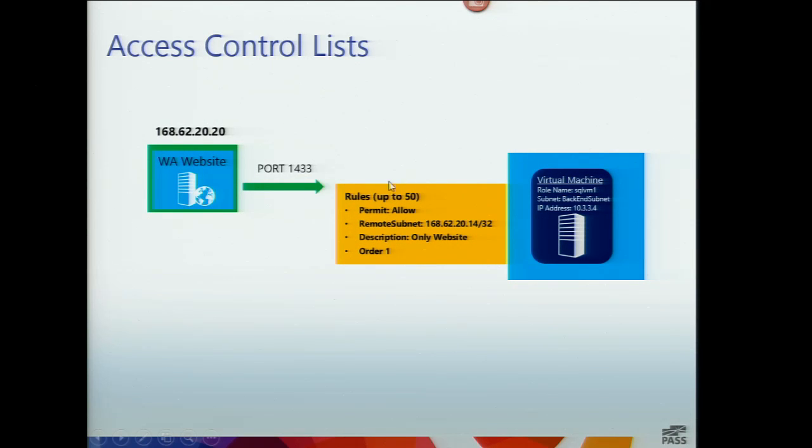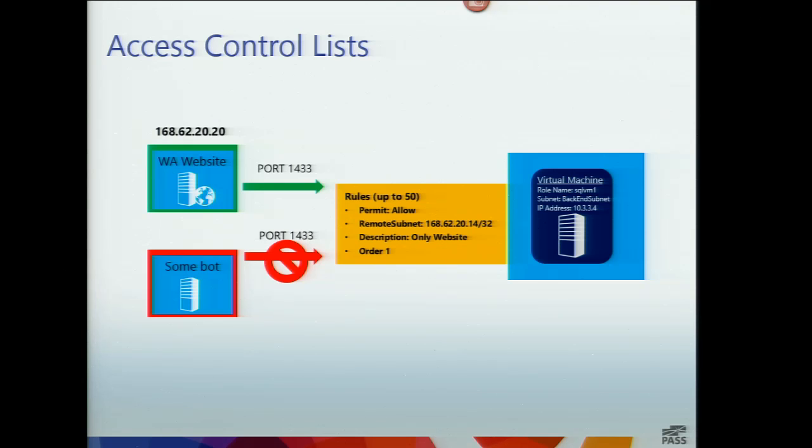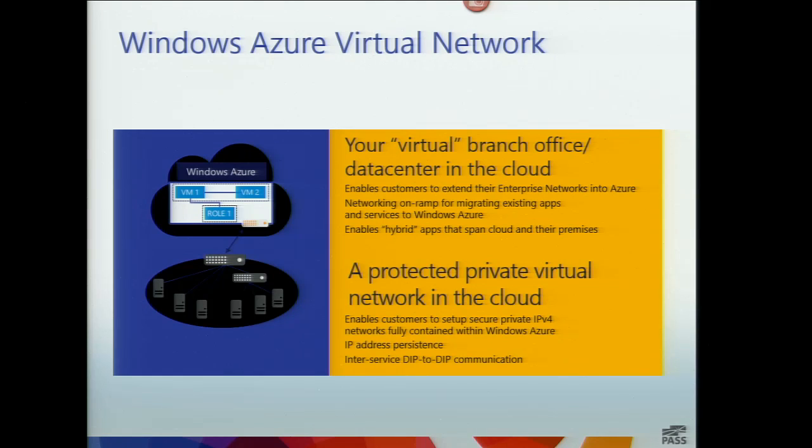In the ACL rules, you can put up to 50 rules on the IP address, the port, the remote subnet, and the order. And it's allow or deny. And so some random guy coming off the internet won't be able to access your input endpoint. So this was a big ask that we had from people putting these things up.